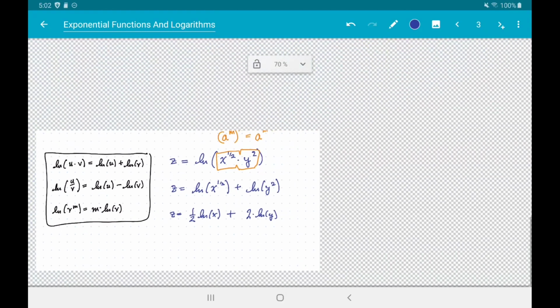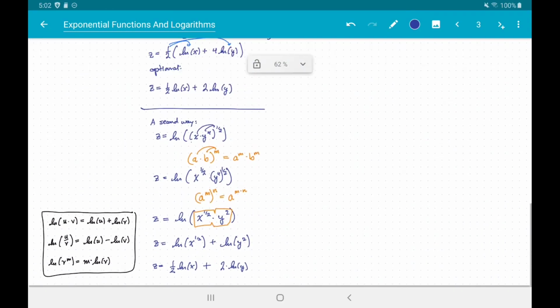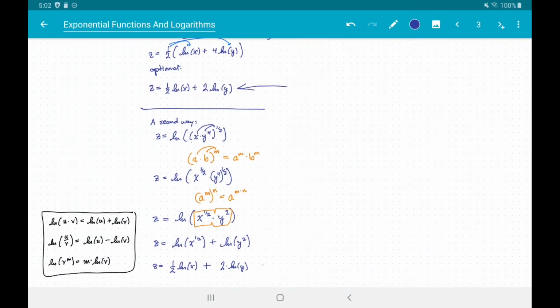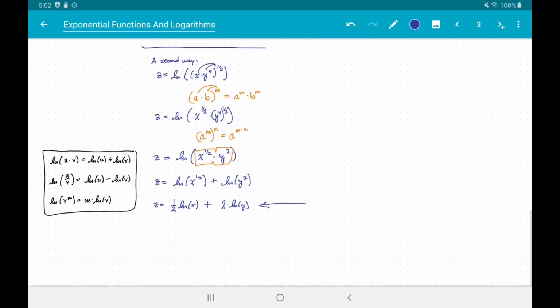And you'll see that we actually ended up in the same place. It's just in one place we did some algebra after doing all of the logarithmic transformations, and in this one we did some algebra first and then did the logarithmic operations.